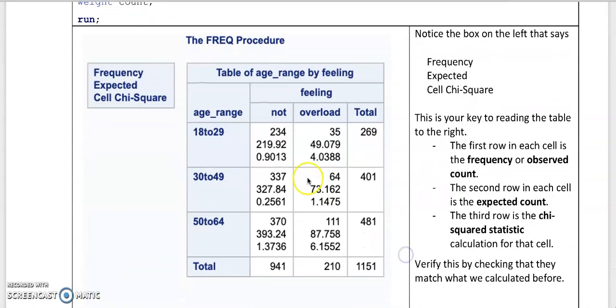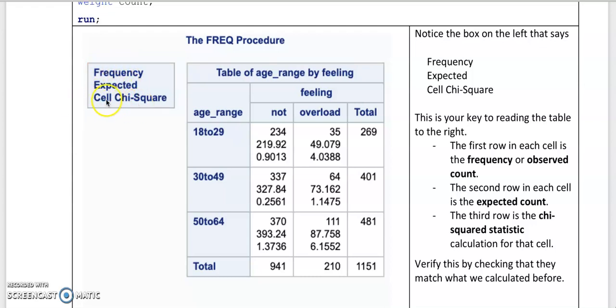So this is the output that I would get. And what I want you to notice is, regardless of which options you choose, SAS gives you a little legend or key over here on the left. So this is telling me that in each of the cells of my table, the top number is the frequency. This would be our observed counts. The second number is the expected counts.